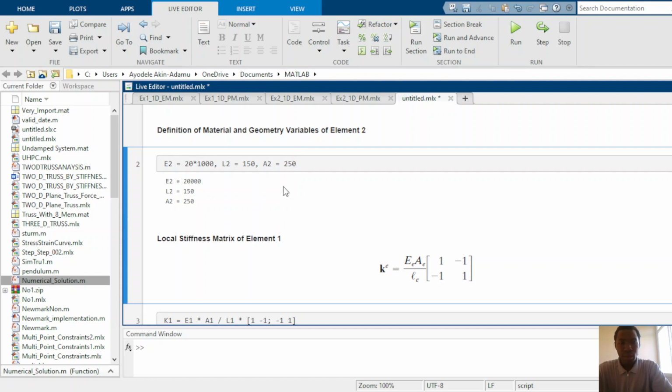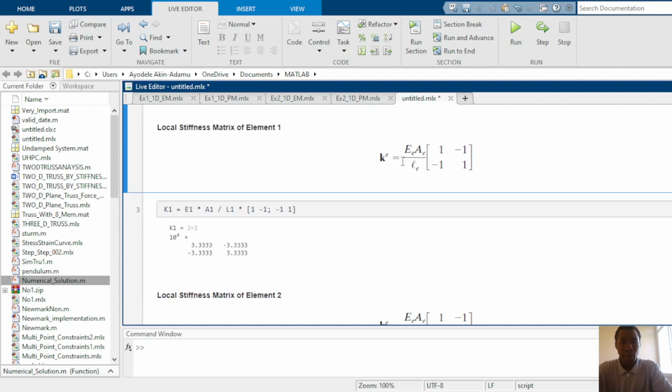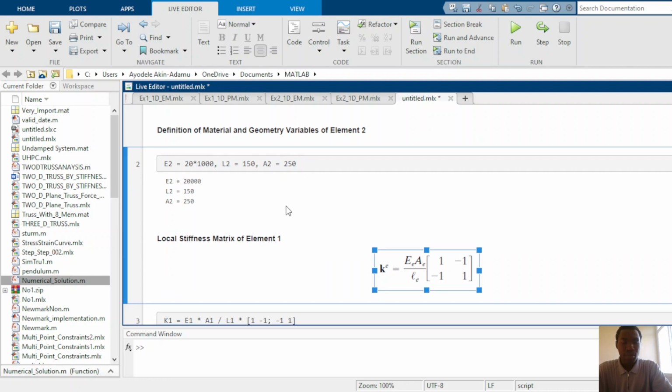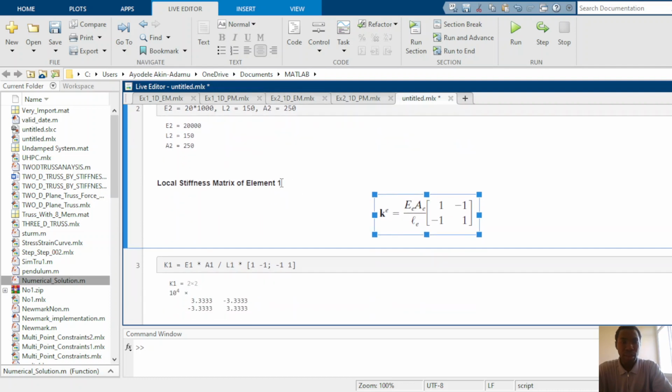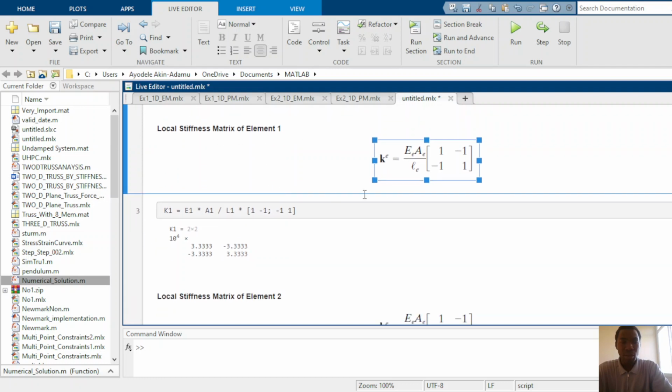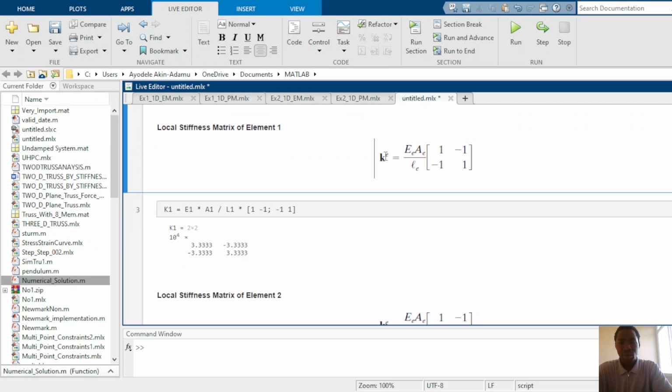After I've defined these properties, the next thing is to define our local stiffness matrix for each element. We use this formula to determine the local stiffness matrix, and we can use the material and geometry properties which we've already stored in the Matlab memory to calculate it.